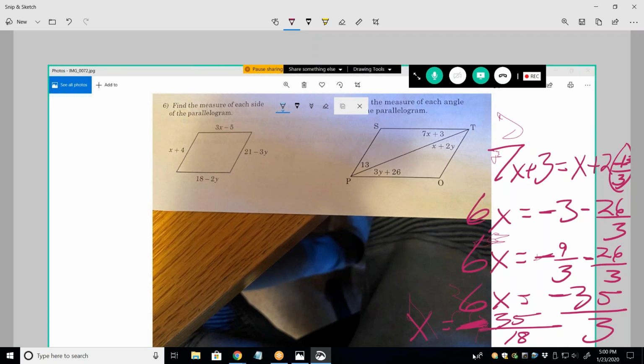Okay? So we actually covered quite a bit today. The most important two things we learned today is how you figure out the slope of a line and how you figure out the measurement of a line that is diagonal. In other words, it's not a horizontal line or a vertical line. Those are easy to figure out the measurements of.